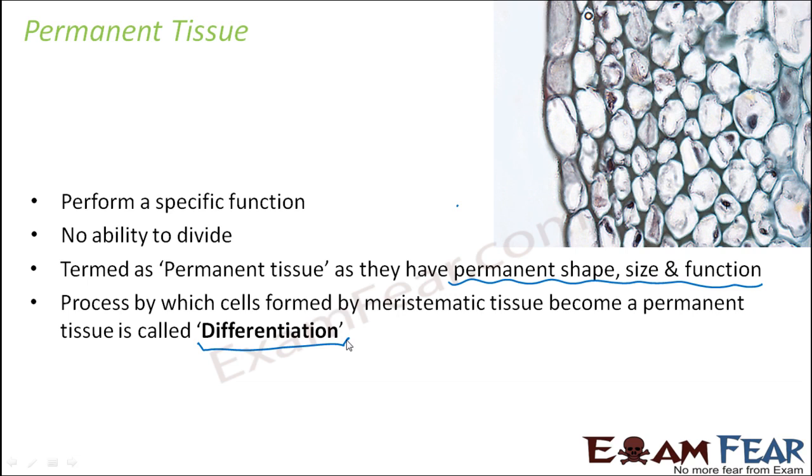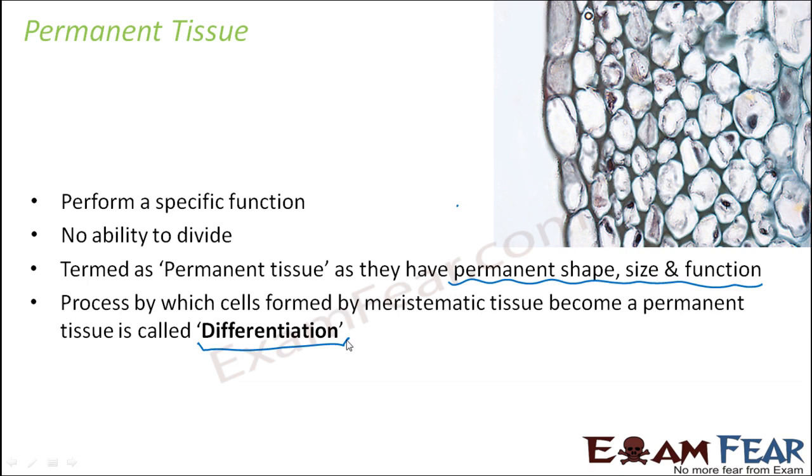But some of them will get specialized and lose their ability to divide, and they will perform some specific function. So those tissues are permanent tissues. So we can say that permanent tissues are basically formed from meristematic tissue. This process by which cells formed by meristematic tissue lose their capacity to divide is known as differentiation. So we say that cells get differentiated to perform specific functions, and they are termed permanent tissue.